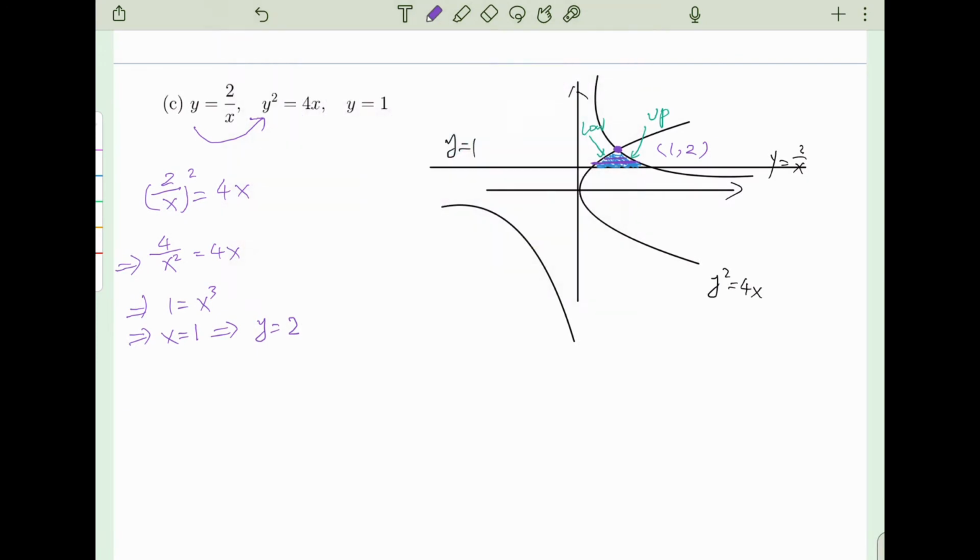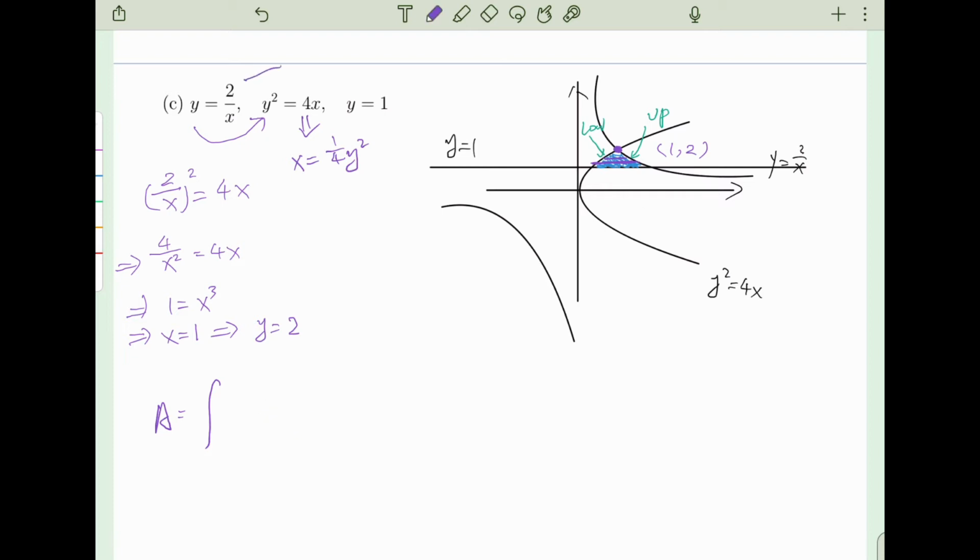Now we will use the reciprocal function minus the parabola, that is this one. It's x equal to 1/4 y squared. Oh, I made a mistake again. In terms of y, I should write out the y expression.